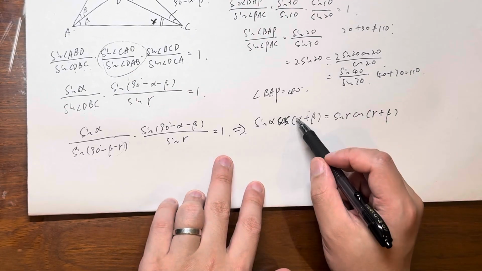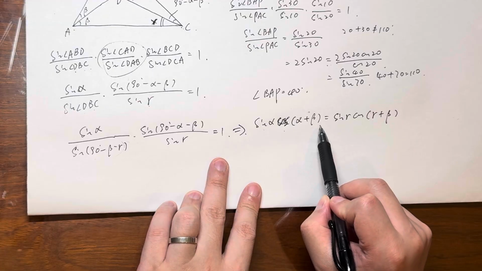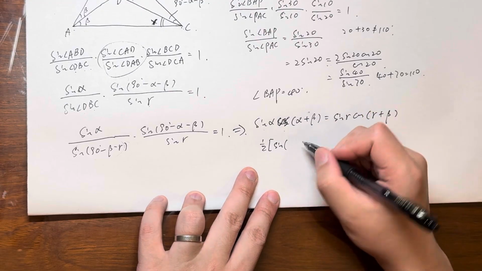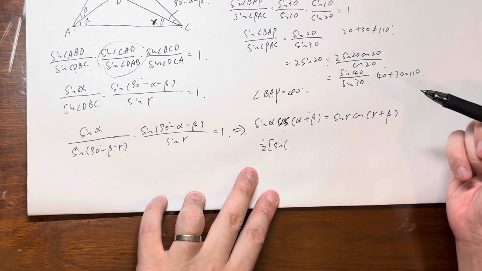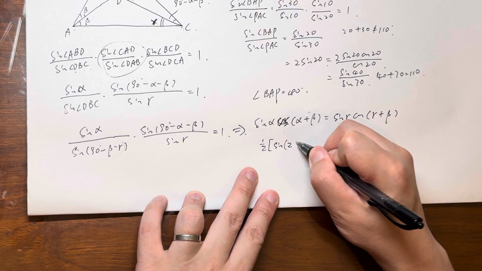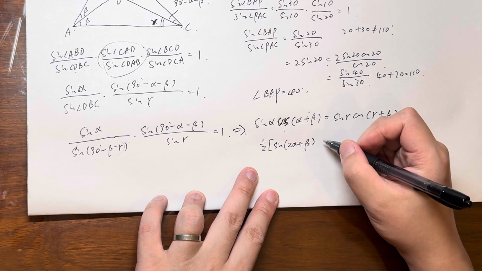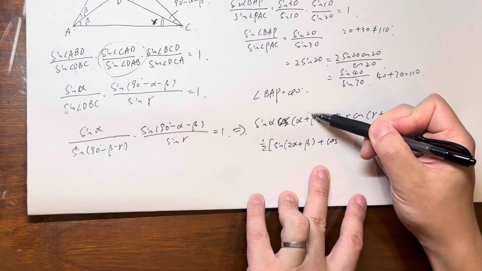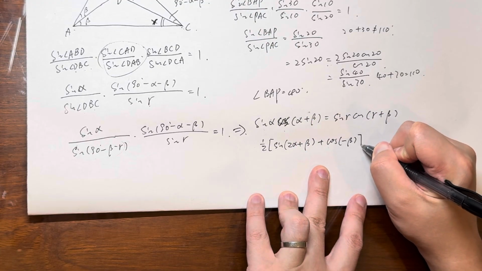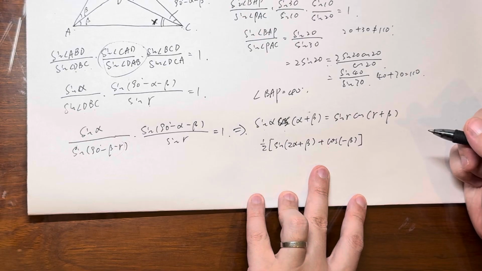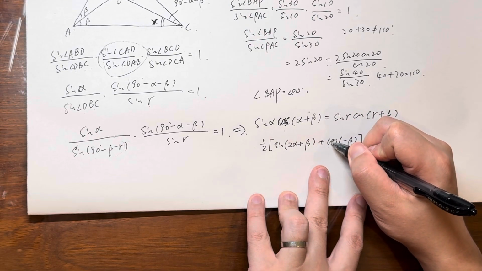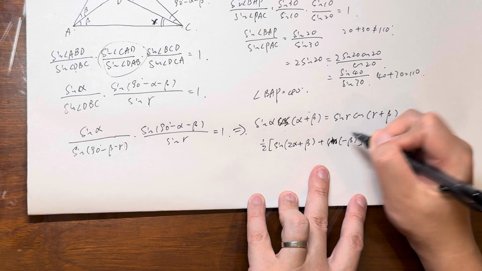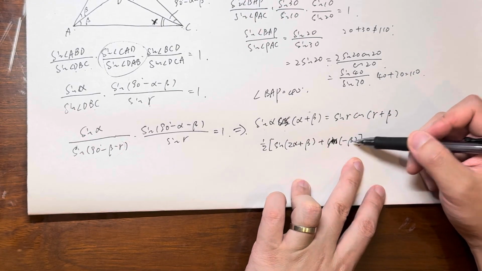And we can expand it. Sin alpha times cosine of alpha plus beta is half of sin of this one plus this one, that is 2 alpha plus beta, plus sin of this one minus this one, which is sin of minus beta.